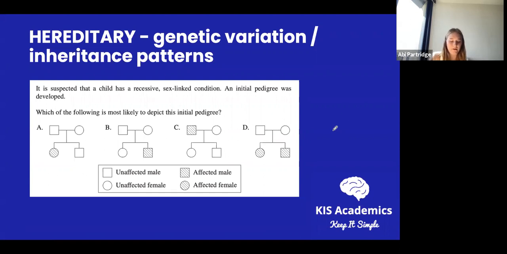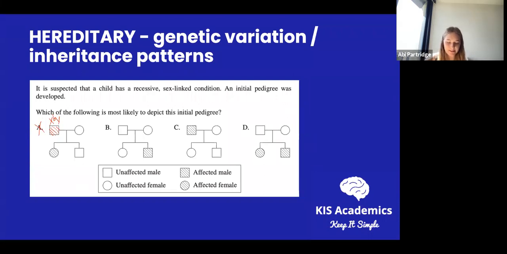And so if the father had the condition, and it's recessive, he would also be colored in. But he's not in this one, so it can't be A.